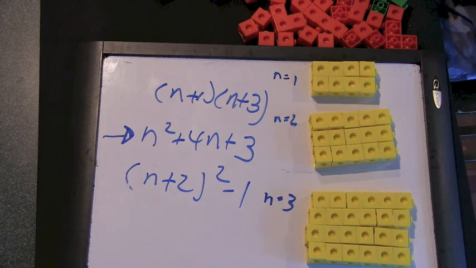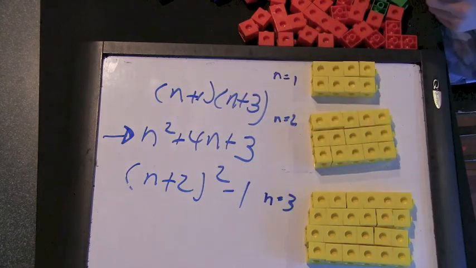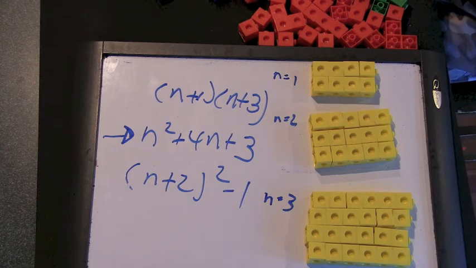Well, since we're adding 3 things here, before we were adding 2, so we could make a 2 by 2 cube because we're adding 3 things here.